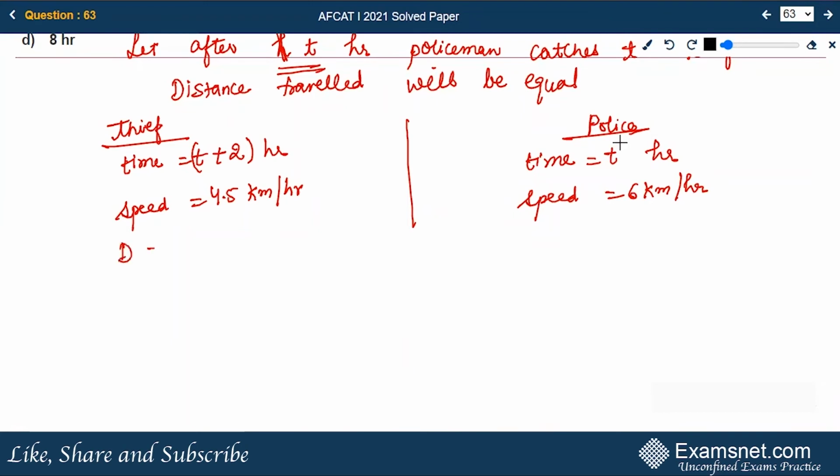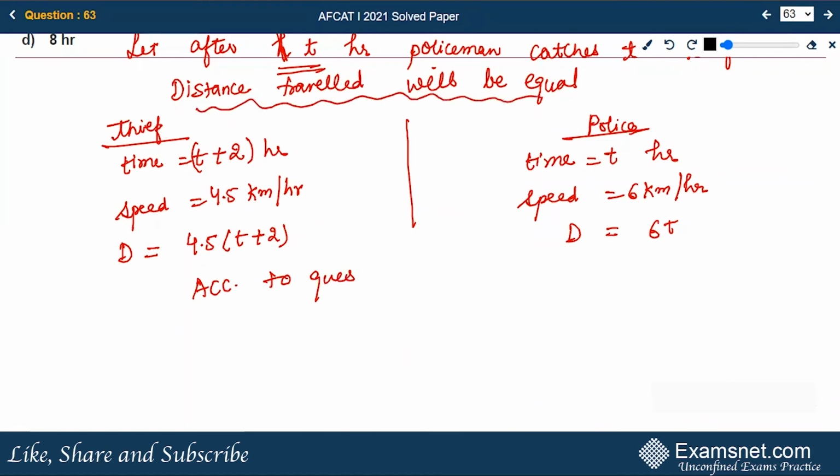Now the distance traveled is equal to speed into time. So 4.5 into t plus 2. Also the distance traveled in the other case is speed into time, which is 6t. According to the question, the distance traveled will be equal in both cases. Let this be d1 and this be d2. d1 and d2 are equal.